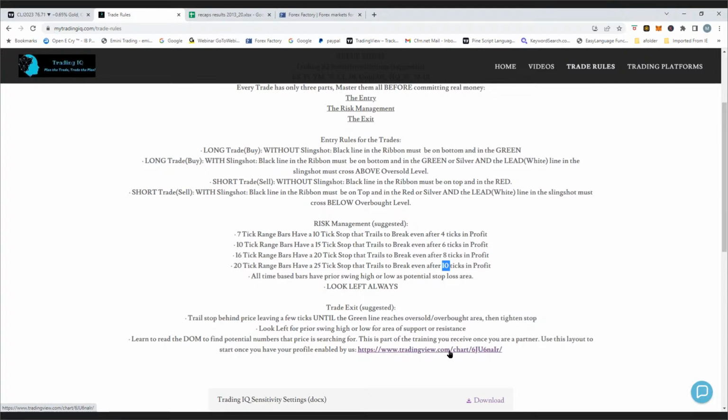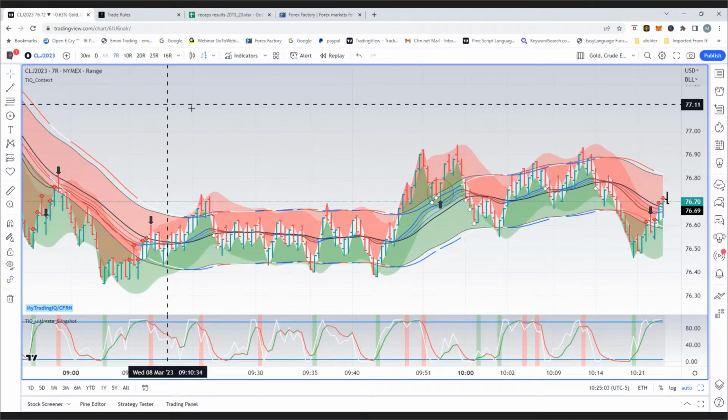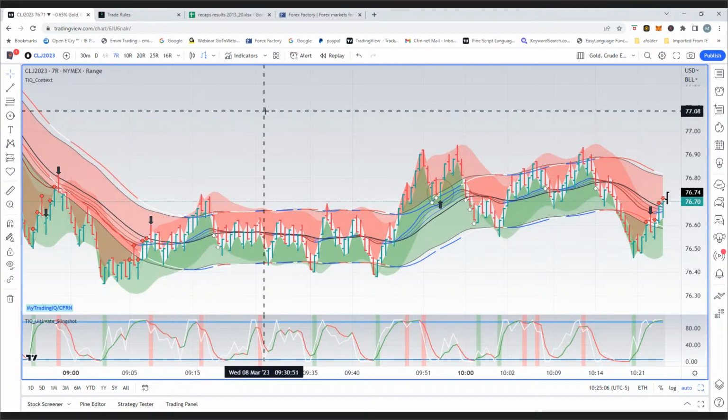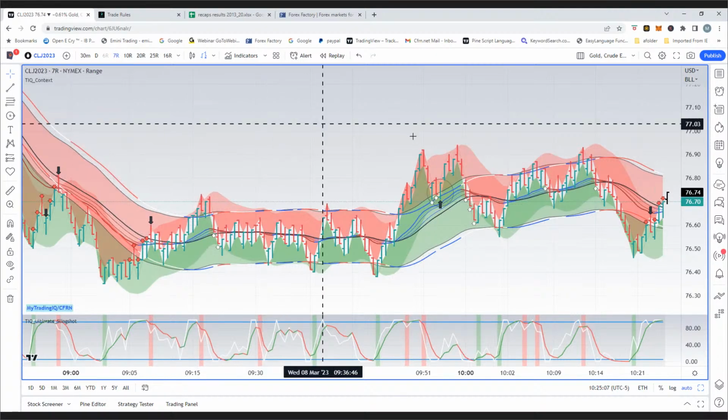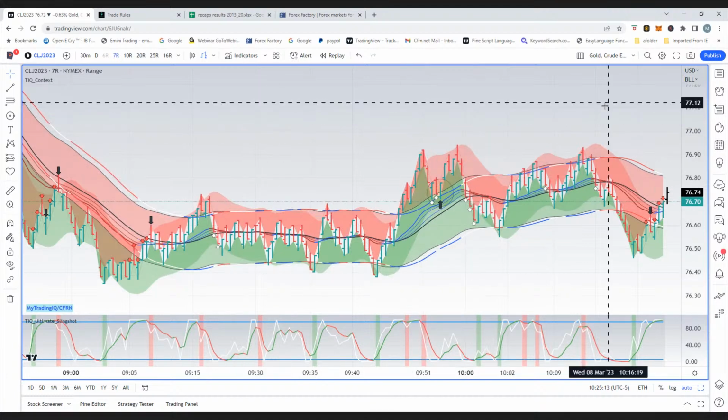If you click on that right now, you have access to TradingView. You have access to our stuff on TradingView. And to do that, you just have to give us your profile name. Profile name is right up here. Ours is CFRN. Yours will be something different. You just give us that information and we'll set you up with TradingView. So all you have to do is click on that link and your chart will look just like mine. Okay.